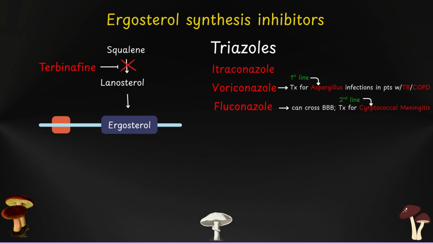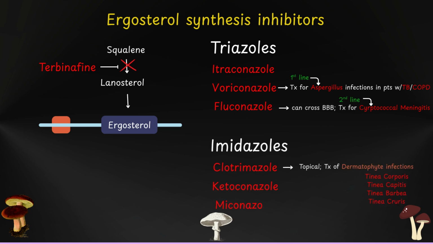Fluconazole is another agent, similar to amphotericin B, that can cross the blood-brain barrier, and because it can cross the blood-brain barrier, it can be used for the treatment of cryptococcal meningitis. Fluconazole is the second-line treatment for cryptococcal meningitis, amphotericin B being the first line.